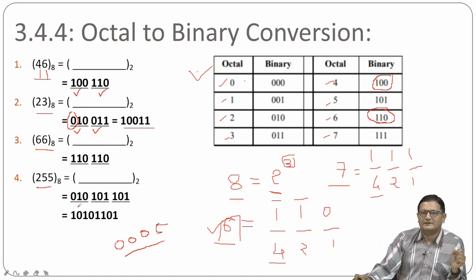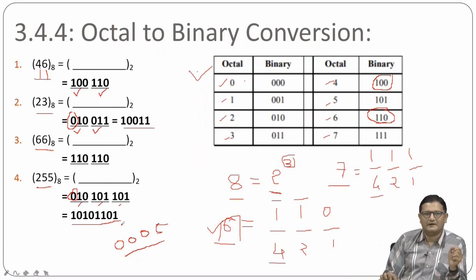Here we have written the binary of 2, here we have written the binary of 5. Finally, we need to check the left hand side, where we have a leading 0, so you just remove it, and finally you have 10101101, right? So that is the binary of 255.